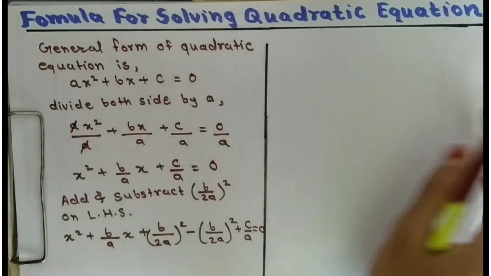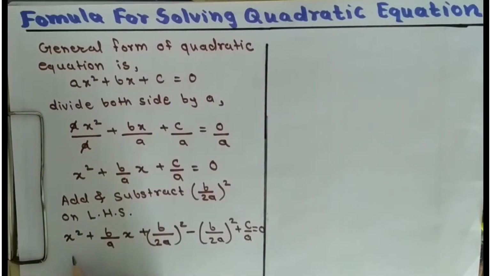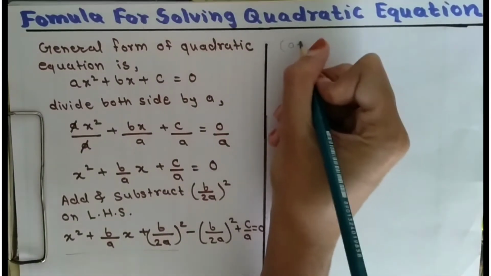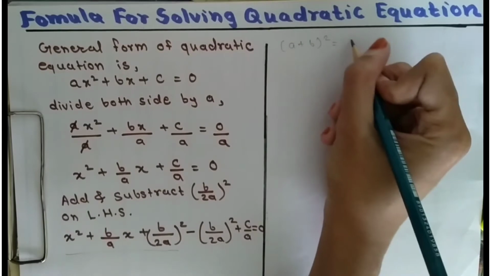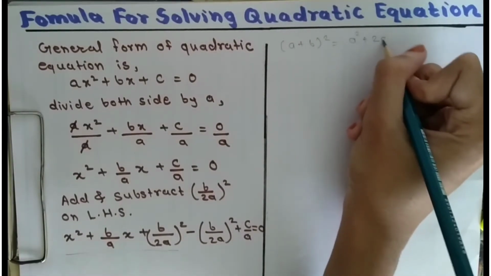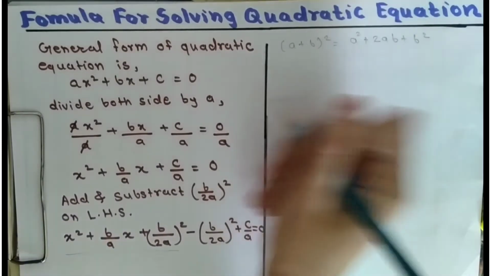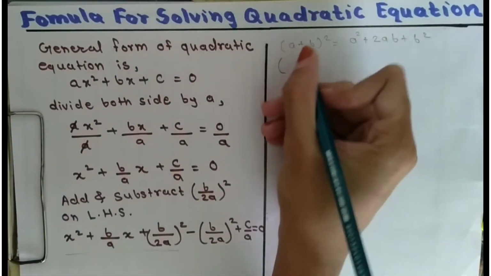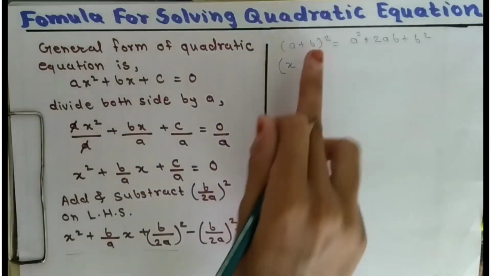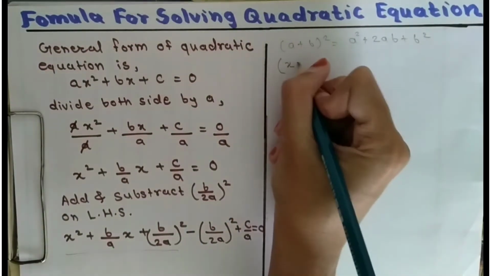Now what is this term? Look, x square plus b upon a x plus b upon 2a square. Now we all know the a plus b bracket square formula. What is that? a square plus 2ab plus b square. So here a square means what? a means x, and b means b upon 2a.